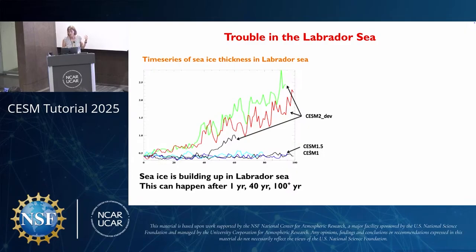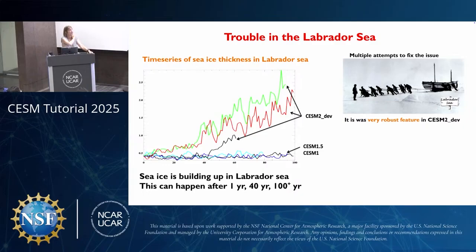In CSM1 and CSM 1.5, you see that it was very stable, but in CSM2, and I picked here simulations that were freezing, sometimes it freezes after 1 year, sometimes after 40 years, and we even had one run that froze after 100 years. Here in CSM3, we have one run that froze after 225 years. You do a long simulation and then suddenly it freezes, and when it freezes, it never defreezes.